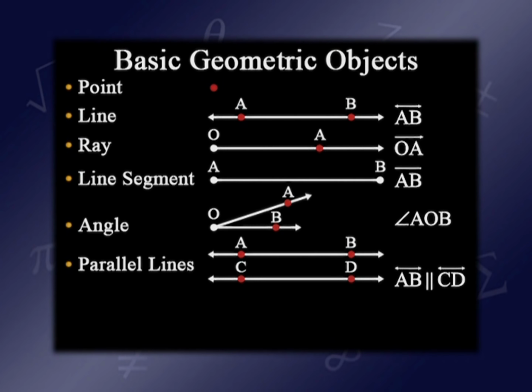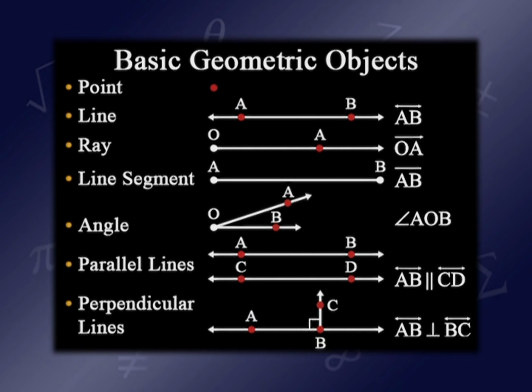Parallel lines never meet, and that's denoted by the symbol AB parallel to CD. Perpendicular lines, on the other hand, meet, but they meet at a right angle. That is, the angle that it cuts the line into is cut exactly in half. One angle to the left and one angle to the right, and those angles are equal. Those are the right angles.